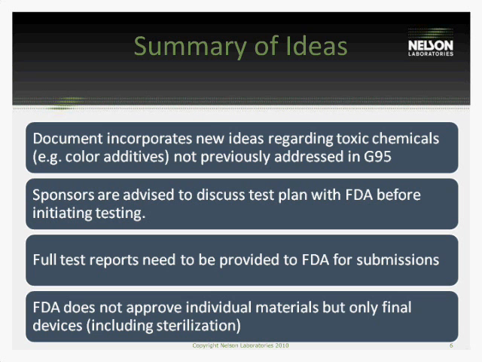The last one here on this slide is the FDA does not approve individual materials, but only final devices. And this goes to the concept of processing, and we'll see this later on. But a lot of times manufacturers will take the raw material, have biocompatibility information on the raw materials, and try to make assumptions from those raw materials to their final devices.